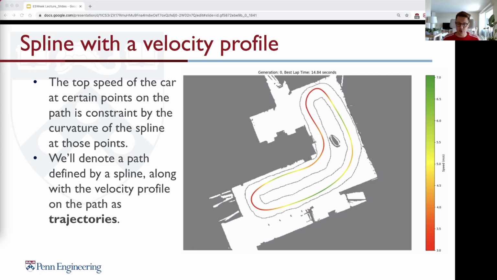That means just because we know the path doesn't mean that we drive as fast as possible. And driving as fast as possible on a racetrack, which means high speeds, is finally giving you a good lap time. And we define that as a trajectory. The trajectory is a combination of both the path and the velocity profile.